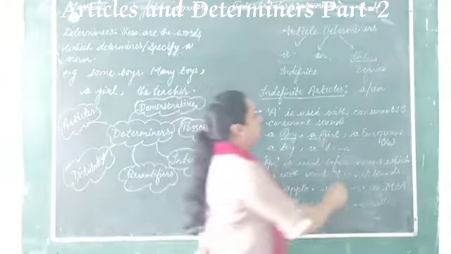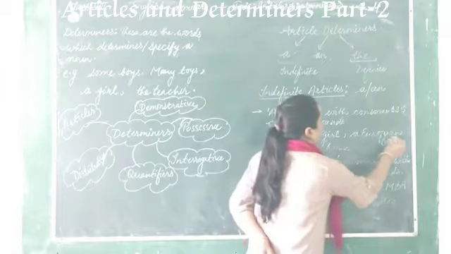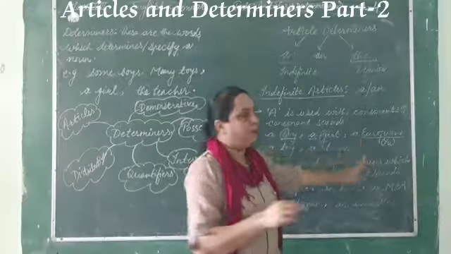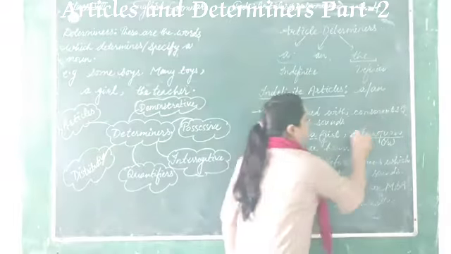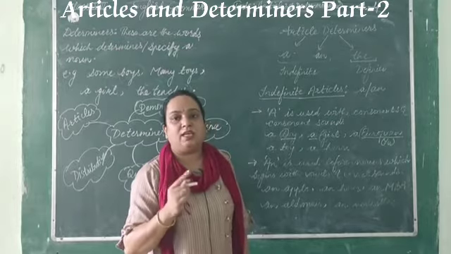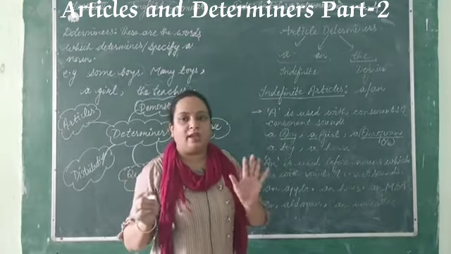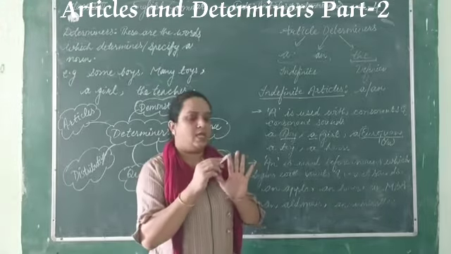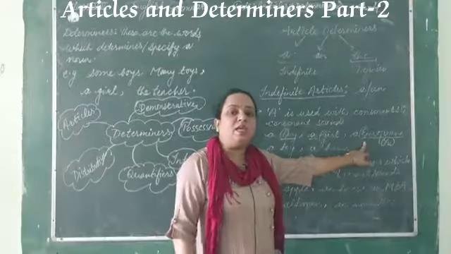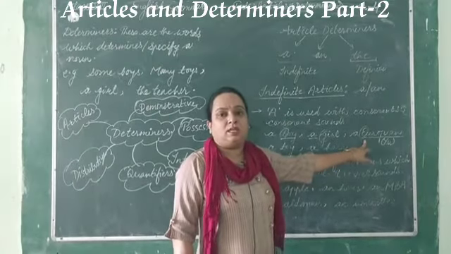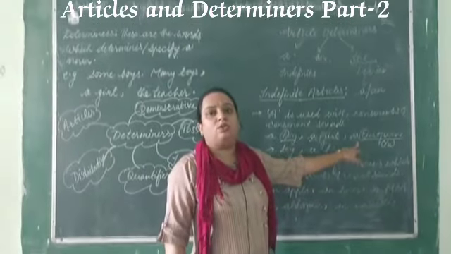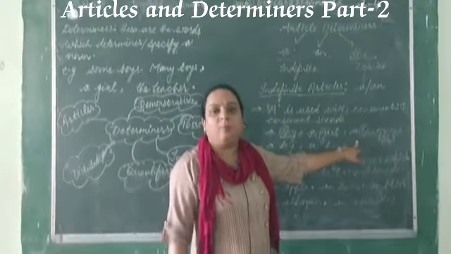Next we have the example European, but you will notice that the spelling of European begins with E. Generally E is a vowel, because A, E, I, O, U, these five are the vowels. In this spelling we have E at the start, but still I have used a here. What's the problem?